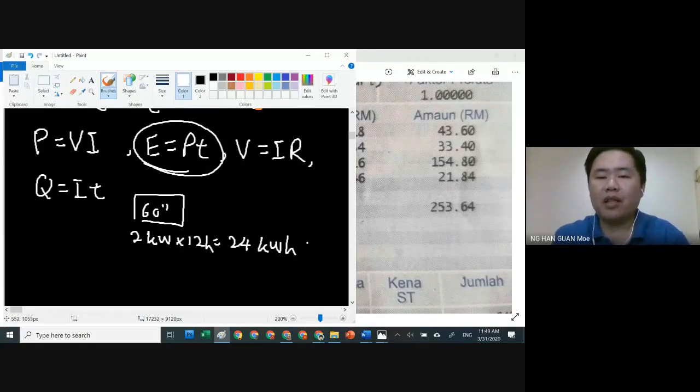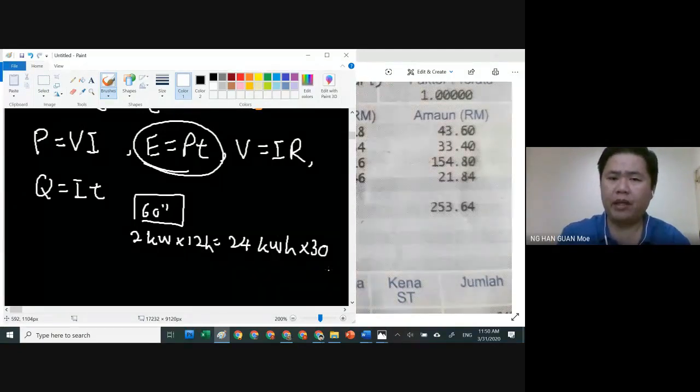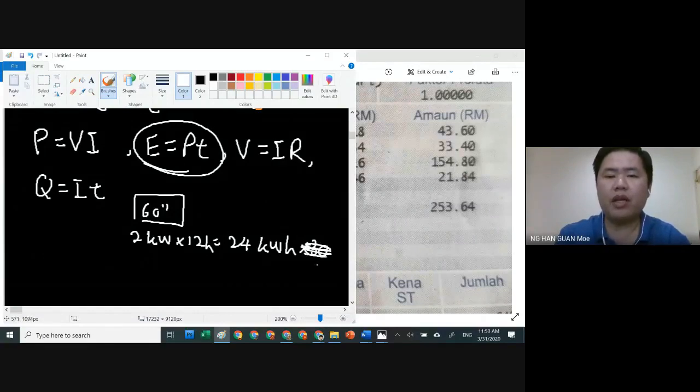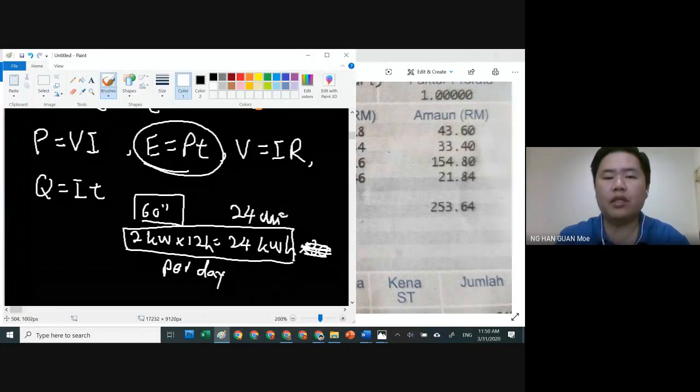So multiply by 30 days, so at the end they will become the total units that you use for 1 month. This one you cannot substitute into here, because here I just calculate how much per day. This one is per day. So this one we call it 24 units.